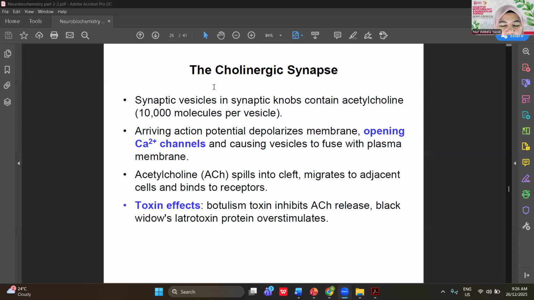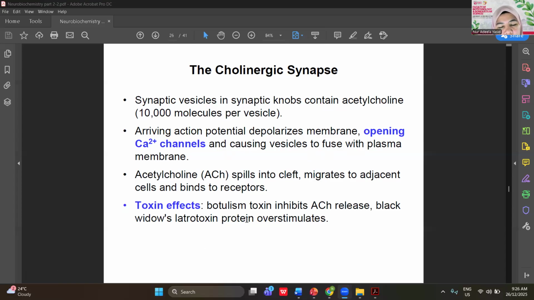Then acetylcholine is released into the synaptic cleft and diffuses to bind with receptors on the postsynaptic membrane, initiating a response in the cell.